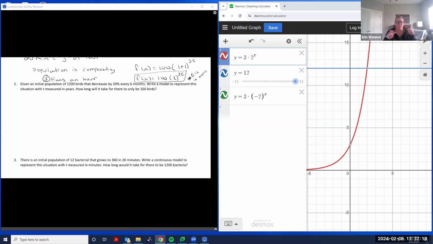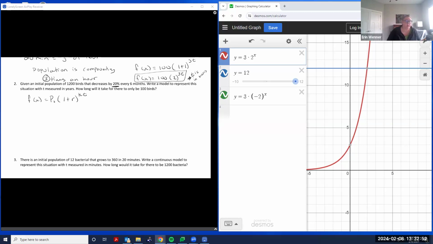There's no mention of continuous growth or decay. So that automatically tells you do not use a continuous model, which is base E. Then because it talks about there being a 20% change, that leads us to know, okay, we need to use the model that has the rate involved in it. Meaning we want to use that periodic model, okay?